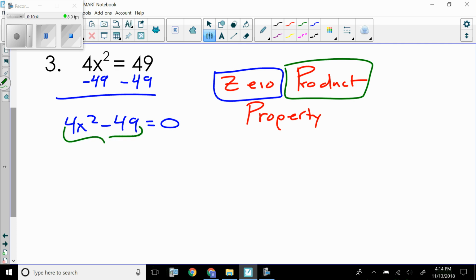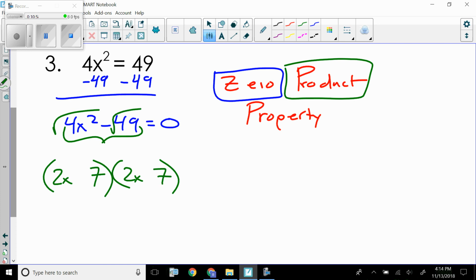Well, this breaks down. It's one of those fun factoring ones. This is a 2x because that's the square root of that one. First goes first. Square root of 49 is 7. Last goes last. This means that they have different signs. Oh, well, that's positive and negative. Now I finally have my 0 and my product, which means I'm allowed to use the property.